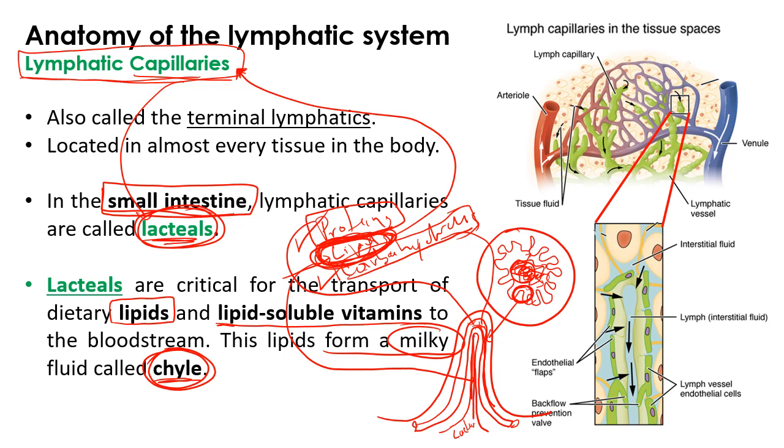That's why this fluid becomes kind of milky in appearance. After that is the same. Many of these lacteals will merge with others and will become lymphatic vessels, lymphatic trunks, and then they're going to drain in the largest lymphatic ducts, which we're going to review next.